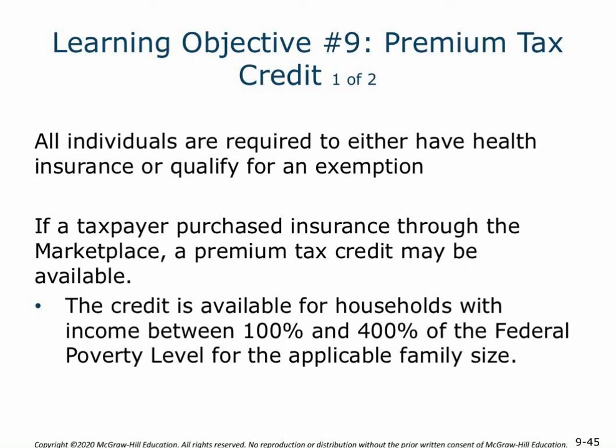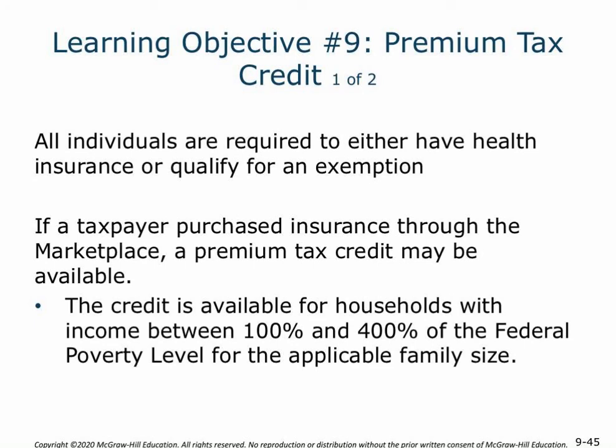So if you ordinarily would pay, say, $1,000 a month for health insurance through the marketplace, but are able to get a $500 a month credit, you can either pay the $1,000 up front and then get the credit later, or use that tax credit in advance to pay those premium amounts. So you're only paying $500 out of pocket, and the $500 premium tax credit is paid to satisfy the $1,000 full premium amount.